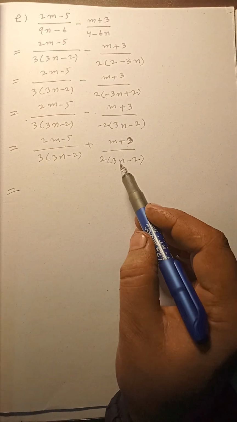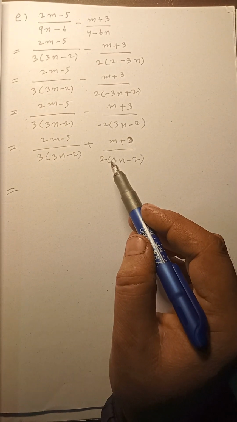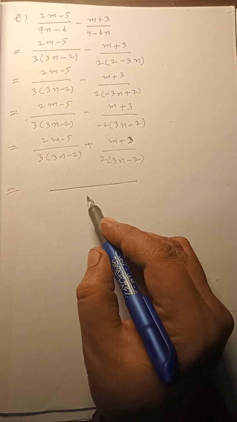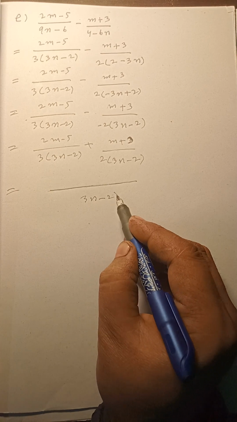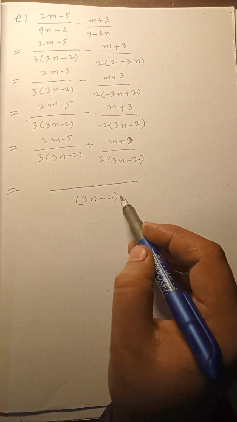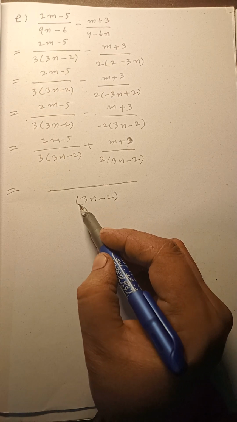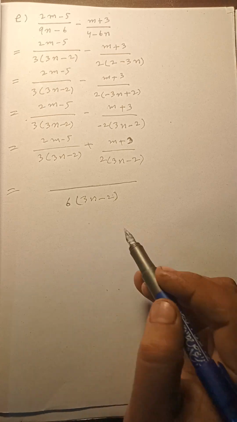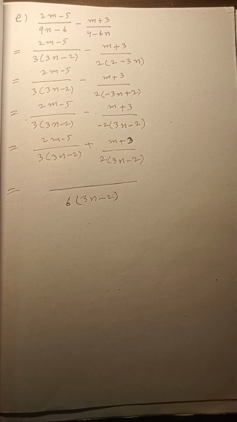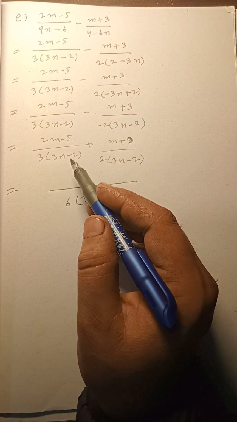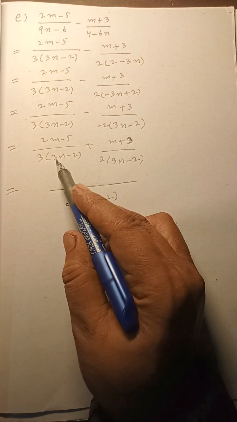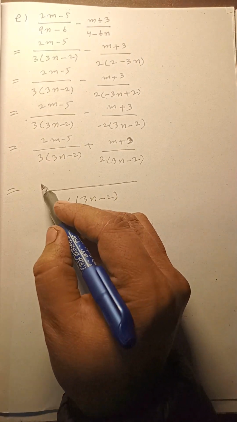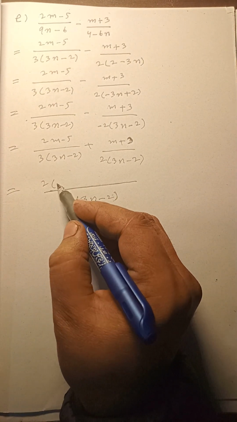Now you can see that both the denominators have the same 3n minus 2. 3n minus 2 can be taken as common, and 2 and 3 are not common, so we take them in the LCM. So 2 3s are 6. We will divide this 6 into (3n-2) by the denominator of the first fraction, and you know that 3n minus 2 can be cancelled out, and 6 divided by 3, the answer is 2, and 2 will be multiplied by the numerator.